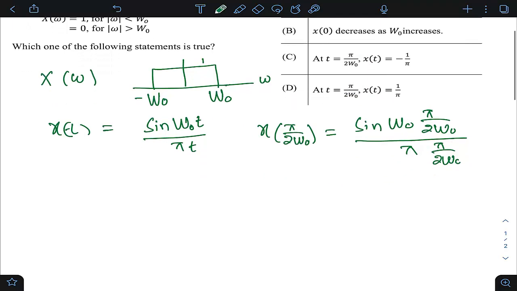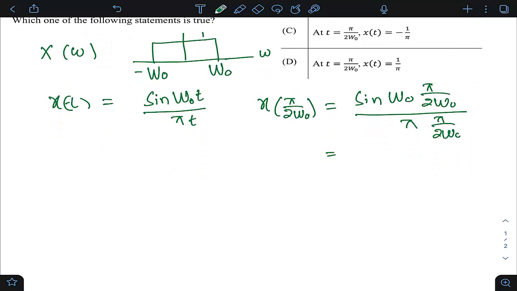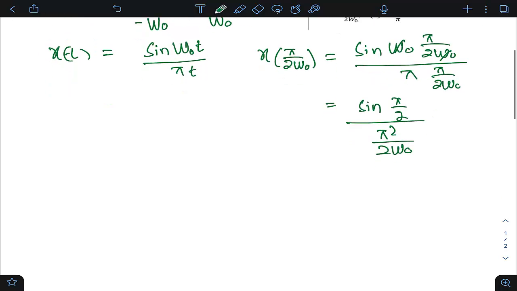If you simplify this, how much will you get? This w naught and this w naught cancel out. You are left with sine pi by 2, and this is pi square divided by 2 w naught. In fact, this is 2 w naught by pi square into sine pi by 2. Sine 90 is basically 1.